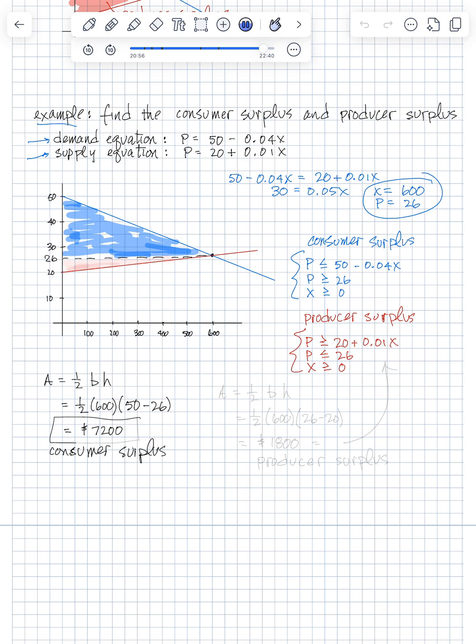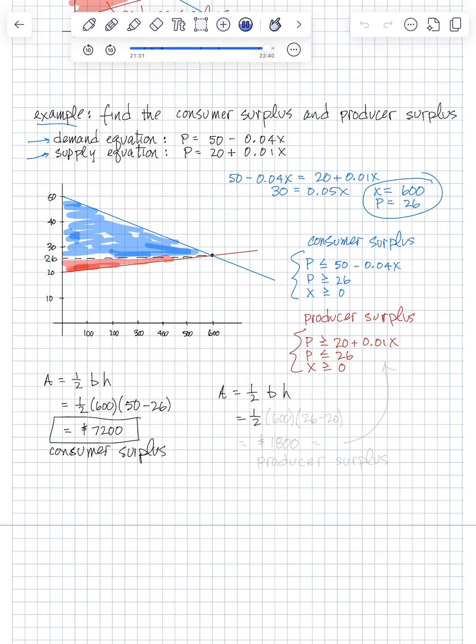And next we have to find the producer surplus. So again, this is going to be the area that is shaded in red. And so same formula, this is a triangle. So the area of the producer surplus is 1/2 base times the height. So it's 1/2.